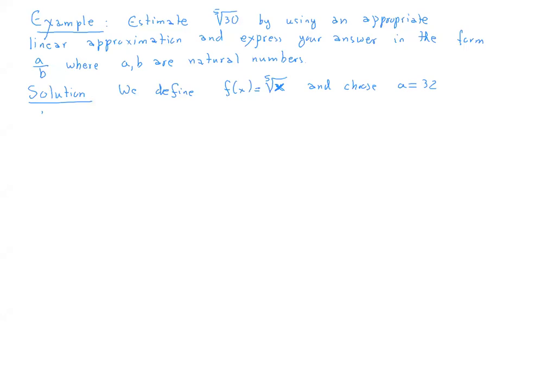Well, what is f of 32? f of 32 is the fifth root of 32, which is 2. And f prime of x: this is x to the 1/5, so the derivative of x to the 1/5 is 1/5 x to the negative 4/5. Now we need to know what f prime specifically at 32 is. This is going to be 1/5 times 32 to the negative 4/5.